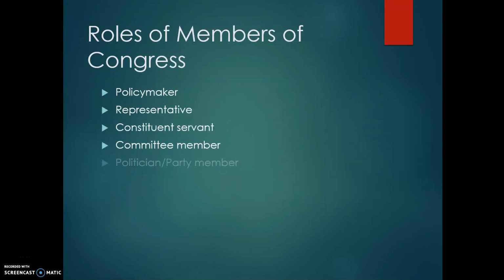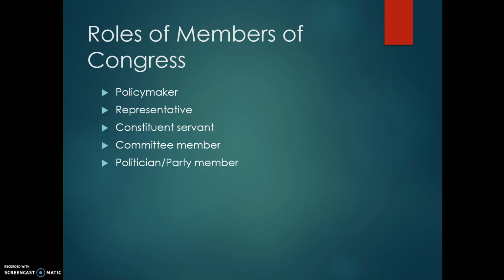So members of Congress have different ways in which they can address their roles. They could be a policymaker coming in and trying to create policy. They could be a representative going in and just reflecting that of their constituents as a constituent servant. A representative is someone who's elected, and they're going to make decisions that are either seen as the best interest for them or their constituents, based off of their experiences and their knowledge.